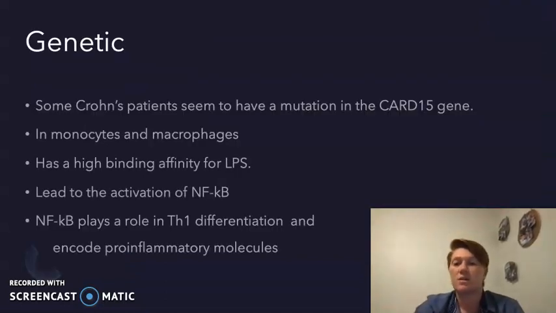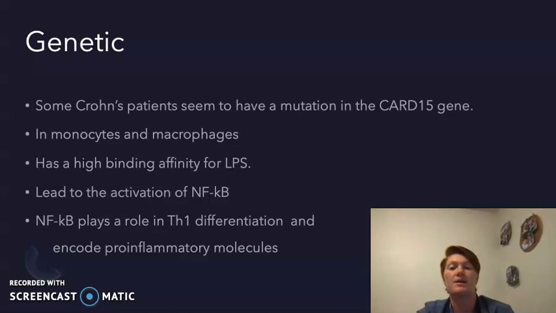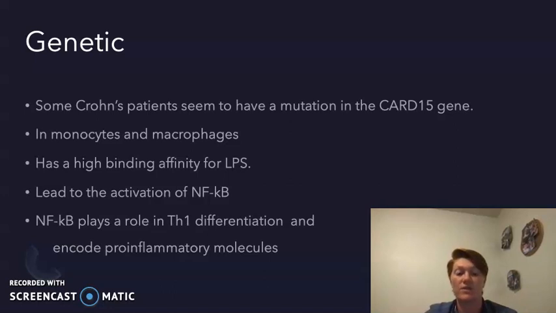So some patients seem to have a mutation in the CARD15 gene. And this CARD15 gene is an intracellular protein in monocytes and macrophages. And they have high binding affinity for LPS. So when LPS and CARD15 bind, it activates NF-kB. And NF-kB plays a role in Th1 differentiating and stimulates transcription of many genes that encode for pro-inflammatory molecules.